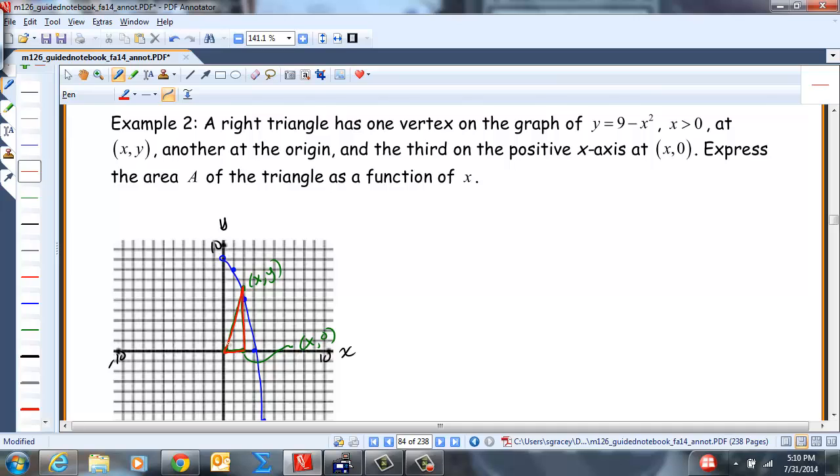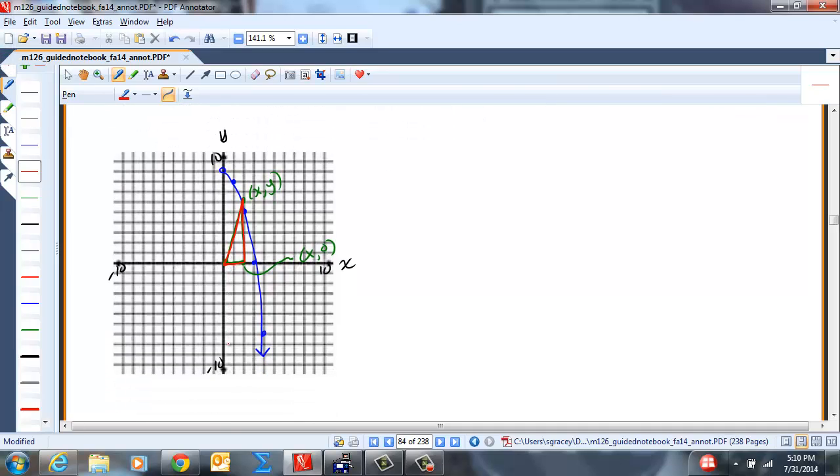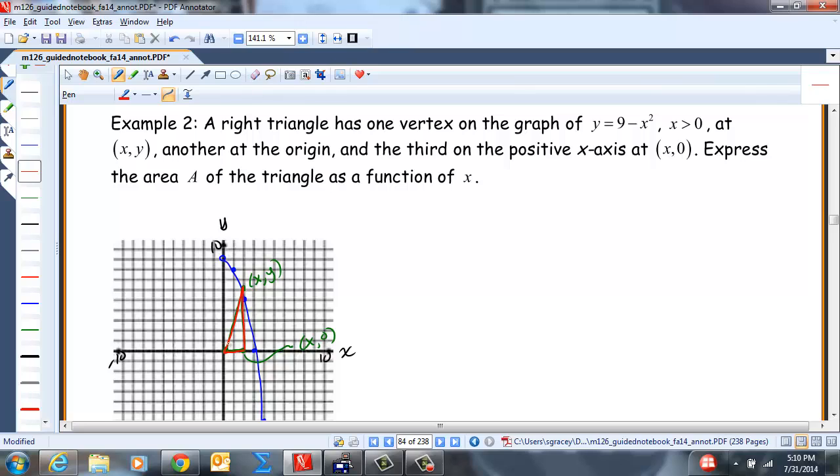Okay, so now let's take a look at what we have going on. They're asking us to find the area as a function of x.